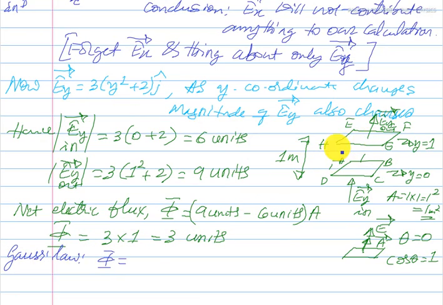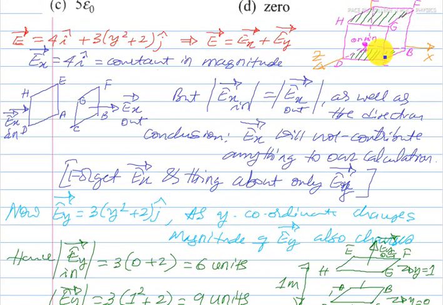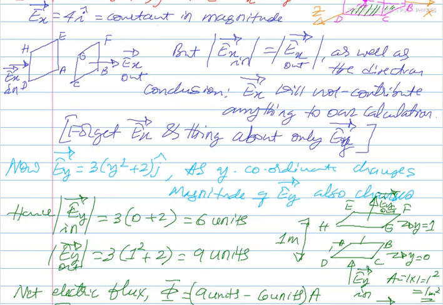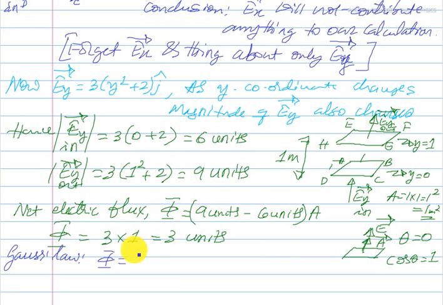Of course, we are considering all the surfaces. The net flux is only through the upper and bottom surfaces, and through the side surfaces it is 0. Anyhow, this is a closed package, so phi is equal to 3 units. Otherwise, Gauss law says 1 divided by epsilon naught into q in.